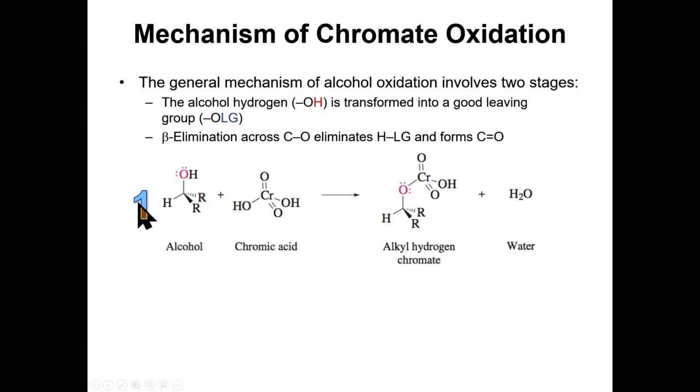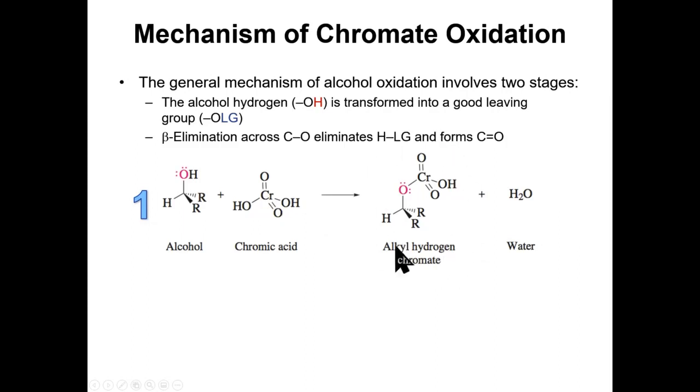When alcohol and chromic acid react, in the first stage you can consider chromic acid to behave in a very similar way to carboxylic acid. So basically when these two mix, the reaction is just like a Fischer esterification reaction. The hydroxy group of the alcohol serves as a nucleophilic atom attacking the electrophilic chromium.